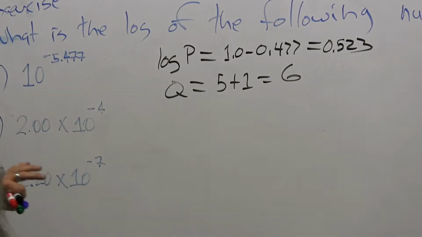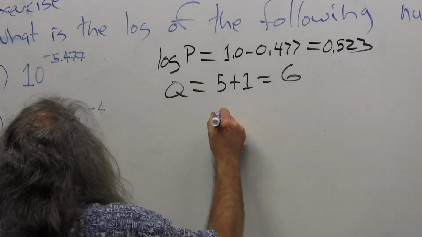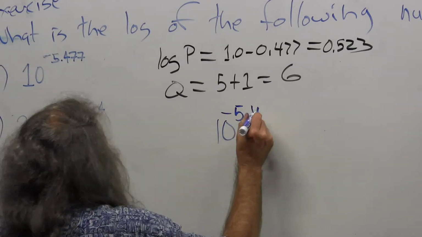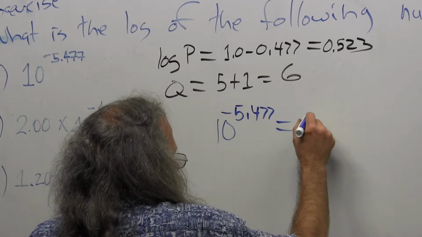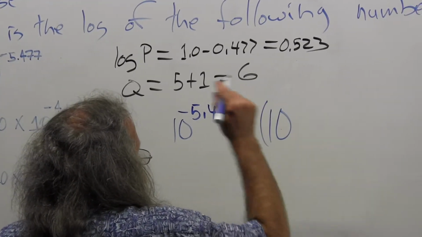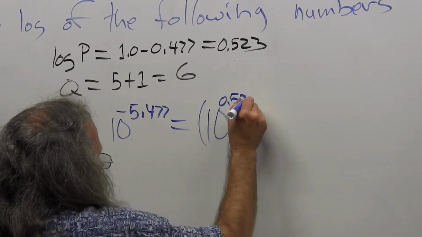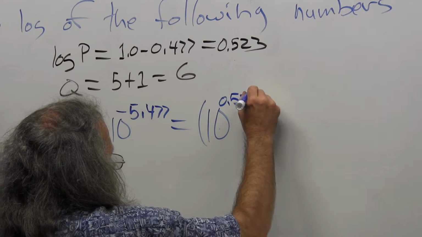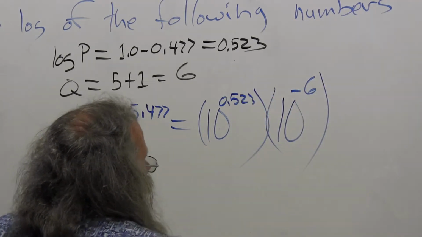Let's write the number out: 10 to the minus 5.477 is equal to 10 to the 0.523 times 10 to the minus 6.